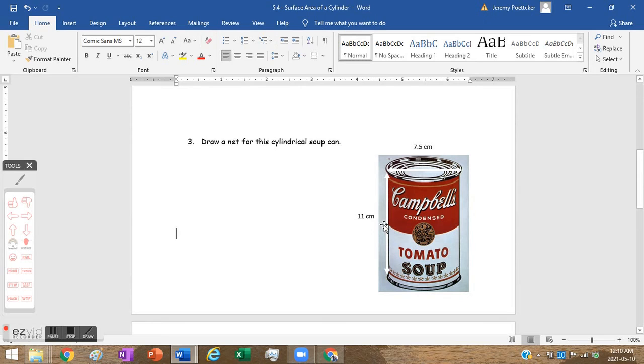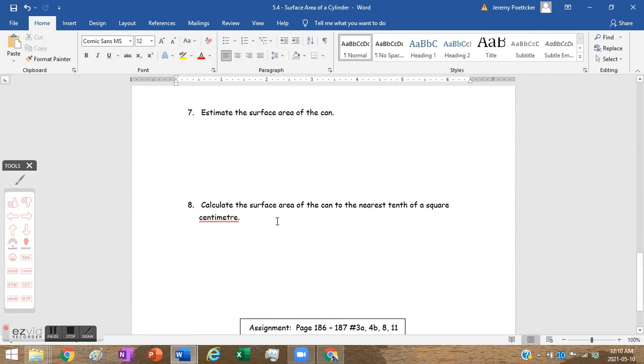Okay, and so when I look at this, I say, okay, well, my top and bottom, estimating again, were, well, about 4 times pi. All right, so 4 times 4 was 16. Okay, so these are my circles.